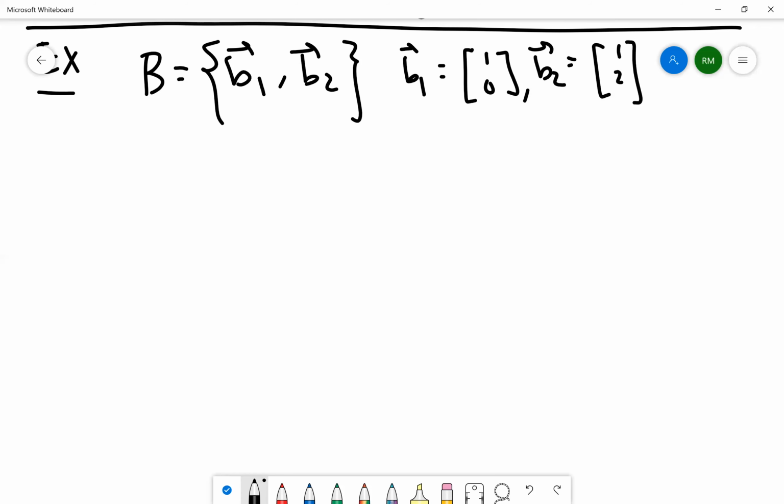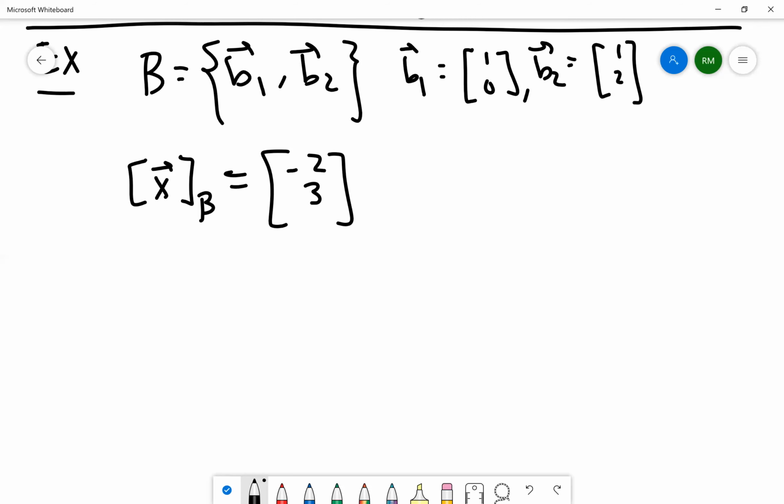Okay, so let's look at this coordinate vector for x. We don't know what x is, but let's say it's equal to -2, 3.